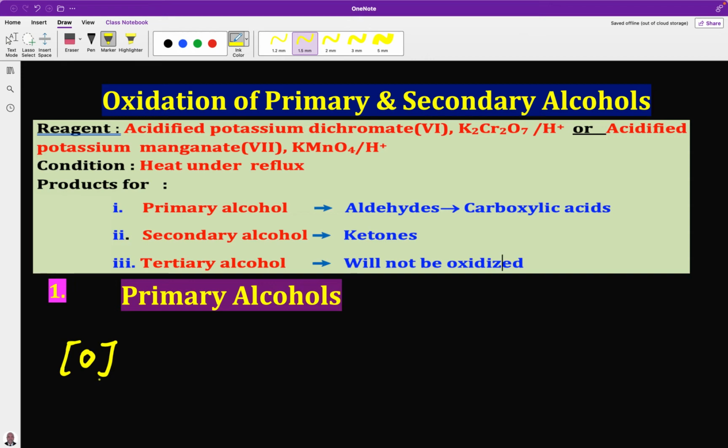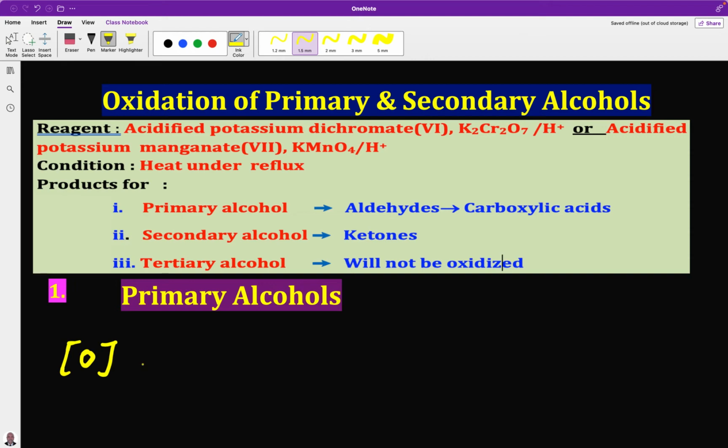This symbol signifies that the oxygen added is from an oxidizing agent, and it is represented in this form, oxygen in a square bracket.